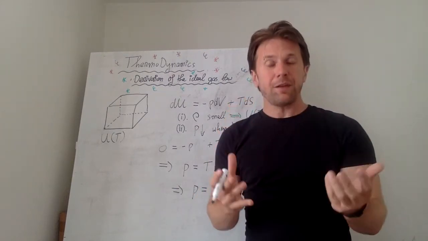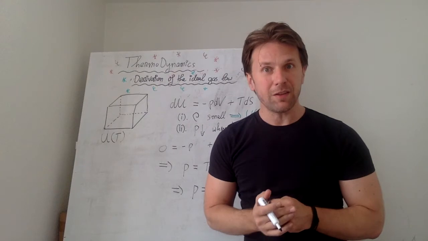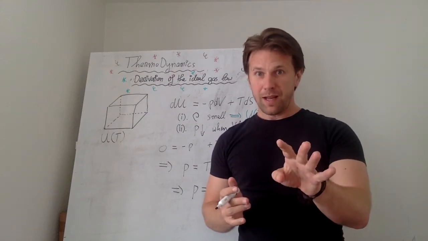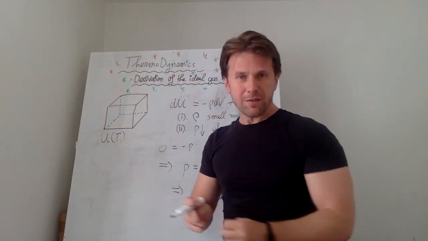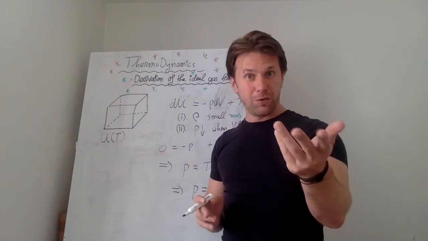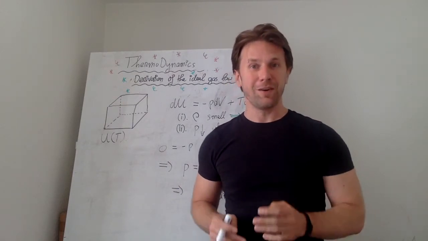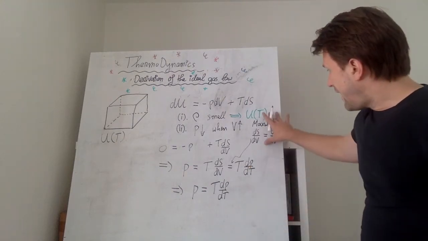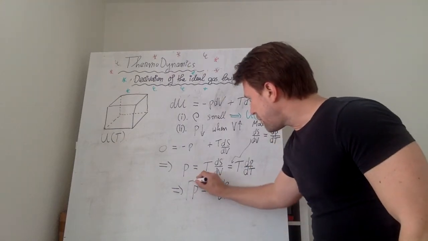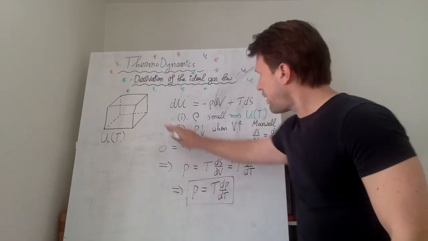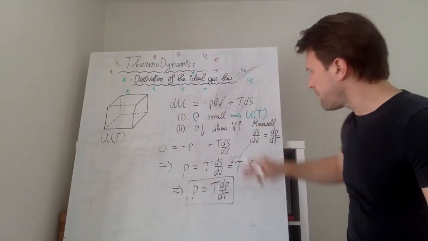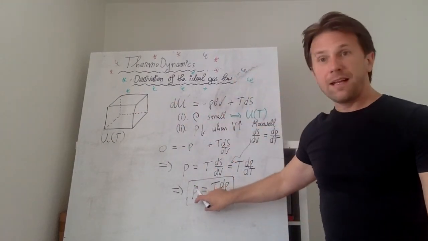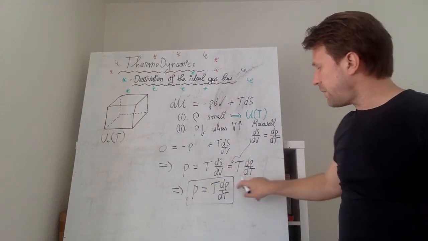It's completely fixed by just the laws of mathematics alone. Now that I'm going to show later. It's a little bit of a derivation. So for people interested, let me introduce that as an encore at the end of this video. For now, I'm going to accept it as fact. And having used this, I have now ended up that the stuff in the box with the low density has a pressure that is related to temperature in this particular way.